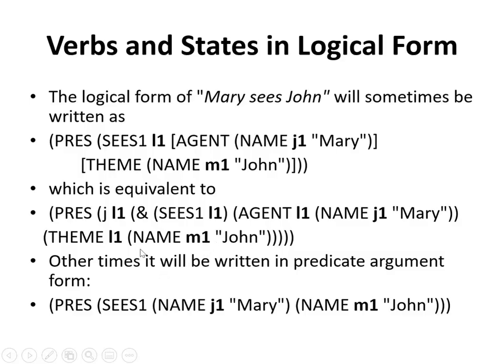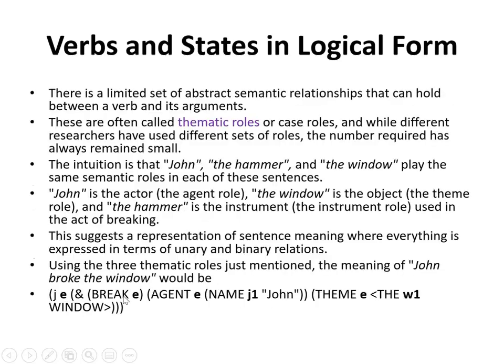Now, what do you mean by this? Mary sees John. So there is an agent L1, and the theme is whom Mary saw, that is nothing but John. So it will be written in predicate argument form like this: name J1 Mary, name M1 John, sees present tense.